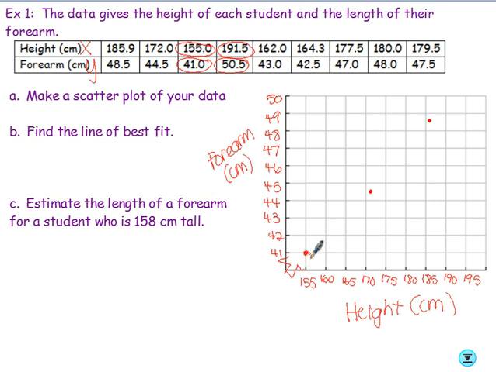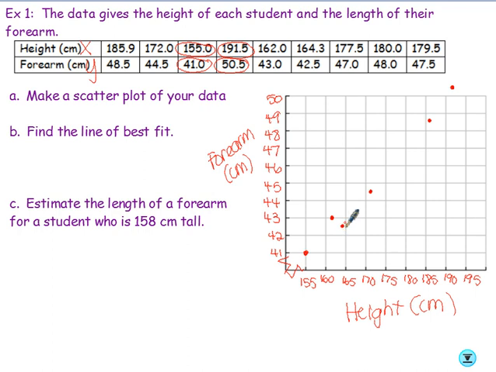Then we're going to go to 191.5, which is about right there. And we're going to go up to 50, and we need 0.5, so I'm just going to go a little bit above. Then we go to 162, which is about right there. And go up to 43. And then 164.3, which is really close to 165.